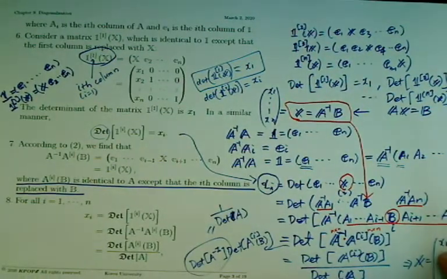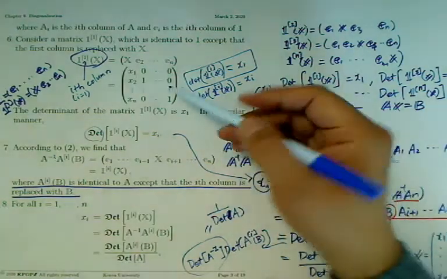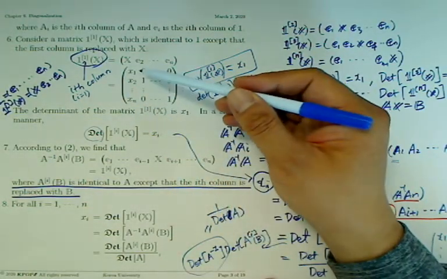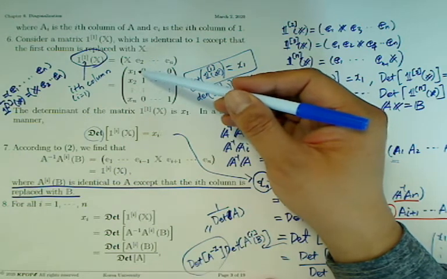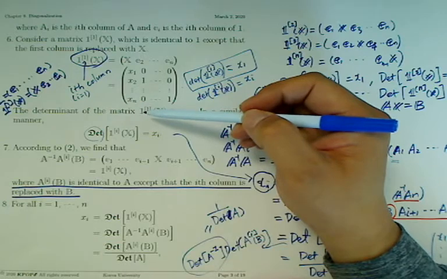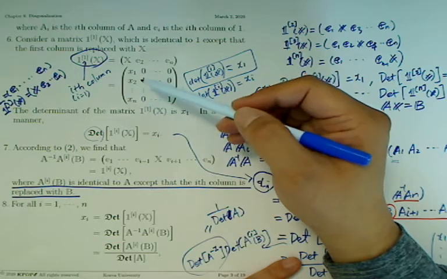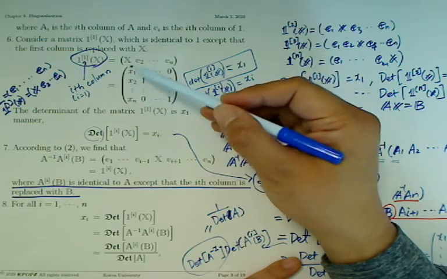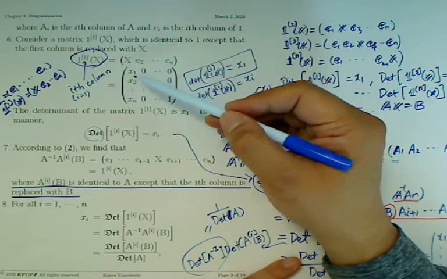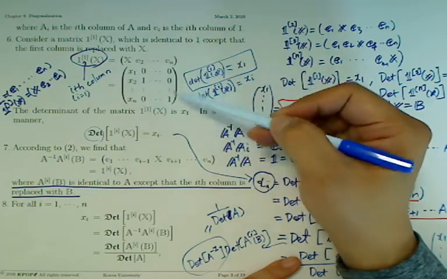If I replace the first column, e1, with x, then x is a column vector with the unknowns x1, x2, and xn. If I take the determinant, the contribution is this one multiplied by this determinant.